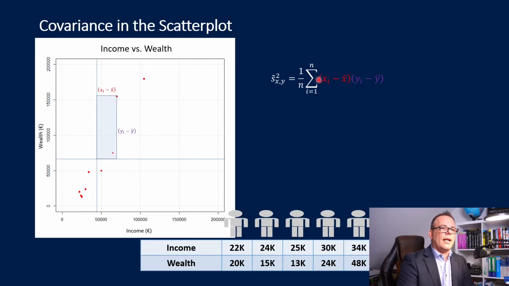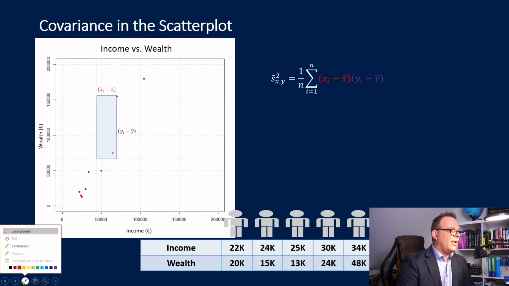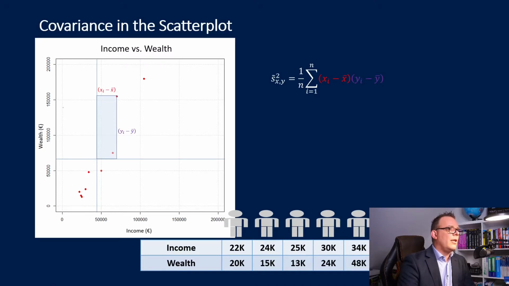So inside those brackets, it's just a shift of the coordinates to where the balance point is. And now both brackets will be multiplied. So this distance times this distance will give, I will show you by drawing, exactly this area here.